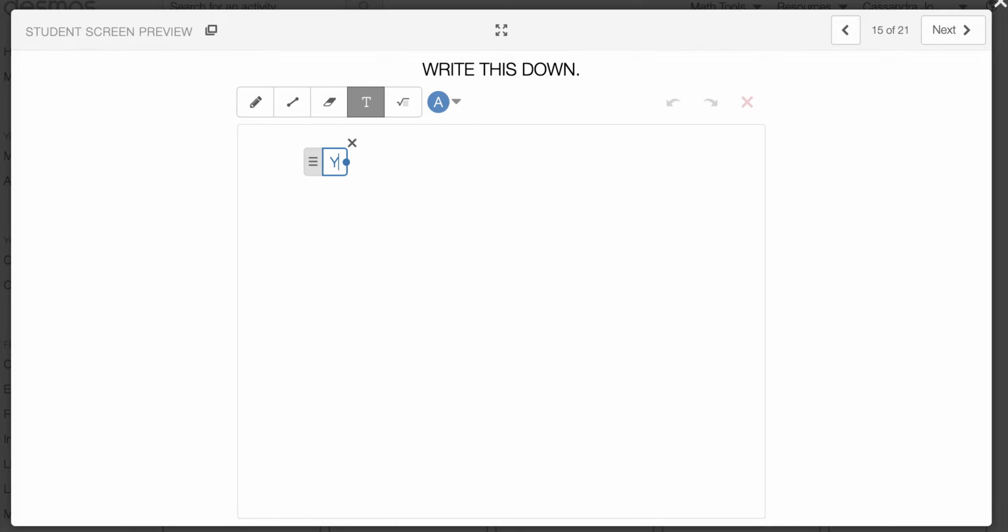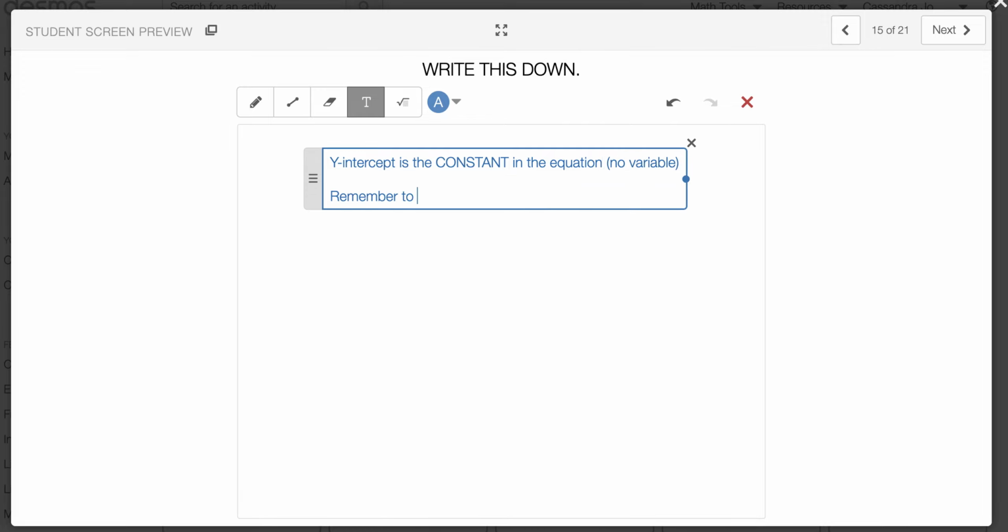So our y-intercept is the constant in the equation, which means it has no variable. Remember to write this as a point, 0, comma, whatever the intercept is. If you need to pause it to get that written down, please do so.